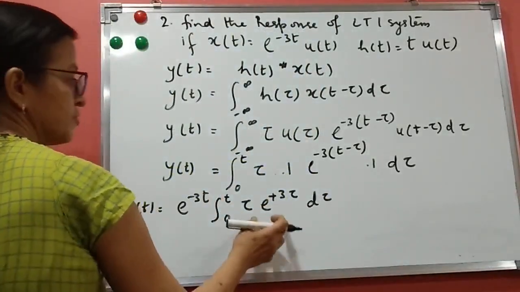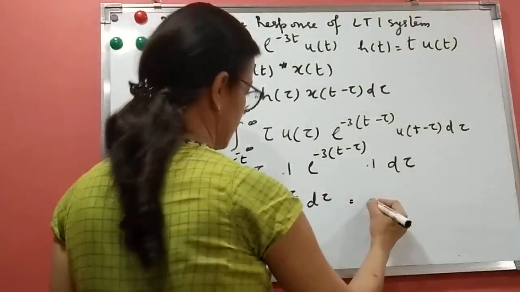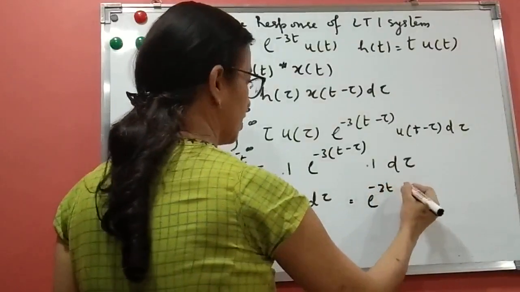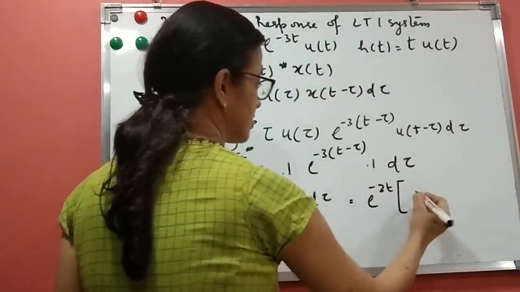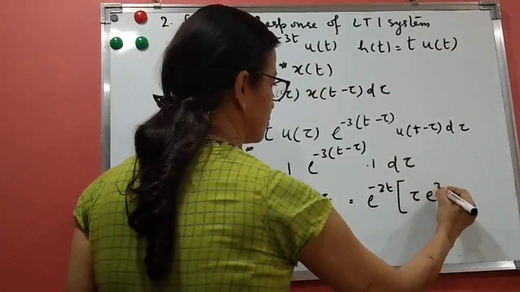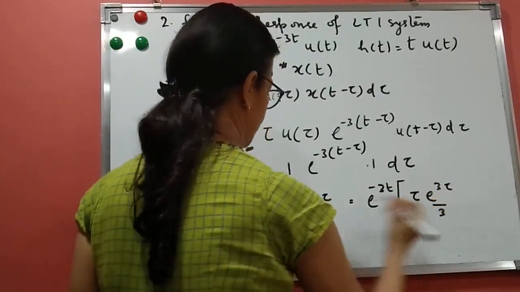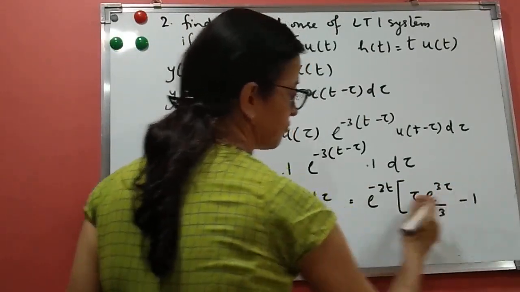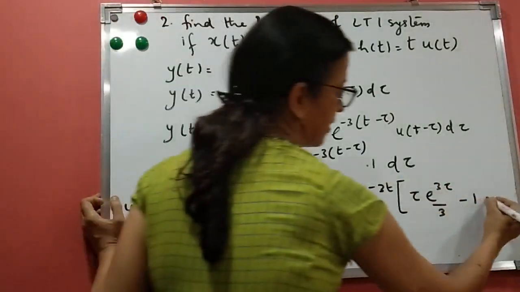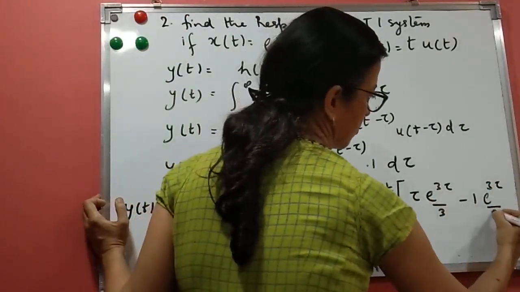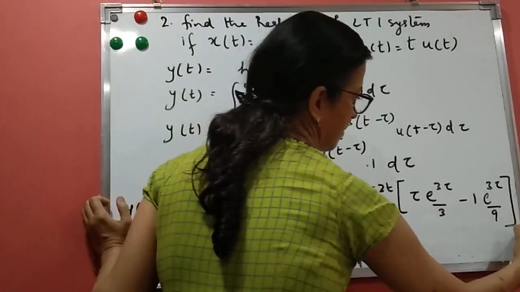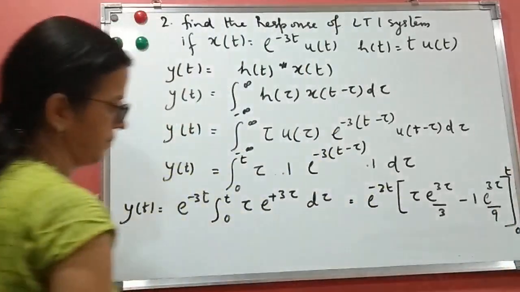Yes. Now the integration of this will be e raised to minus 3t, first term tau e raised to 3 tau by 3, minus differential of first and integration of second, that is e raised to 3 tau upon 9, and the limit is 0 to t.